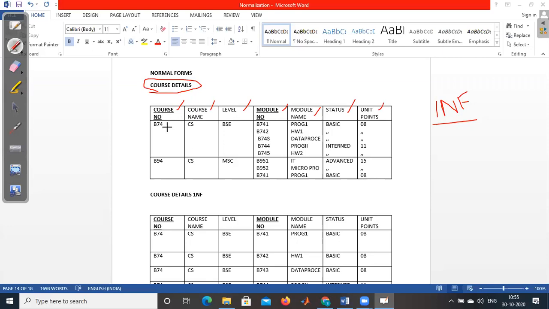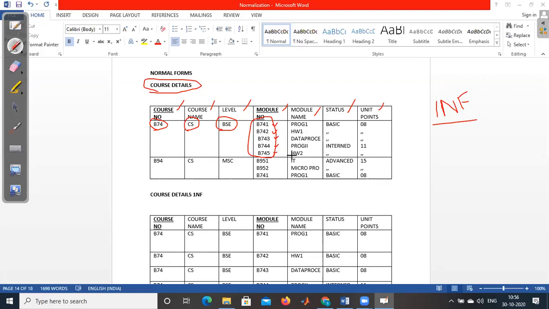Here the course number is B774, the course name is Computer Science, and this is BSc, Bachelor of Science and Engineering. The module numbers are B741, B742, 743, 744, 745. These are not atomic. A bunch of values is placed in one cell, so this is not atomic.